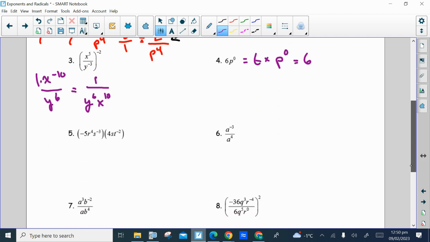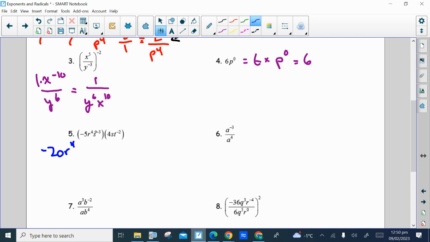Question 5. I would multiply the coefficients together. Negative 5 times 4 is negative 20. Then I would multiply, well, there is an r in the first one, but there is no r in the second bracket to multiply. So the r to the fourth will stay the same. It won't change because I'm not multiplying it by anything with an r.